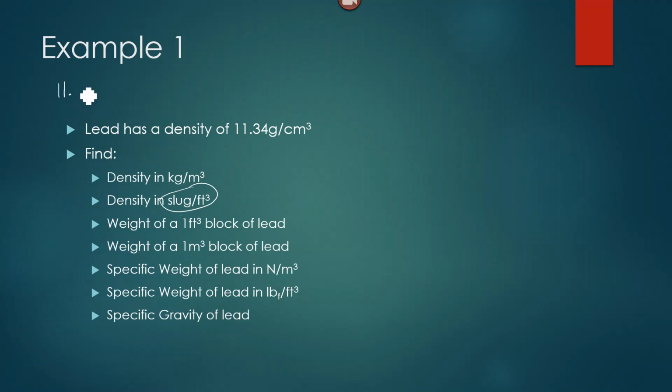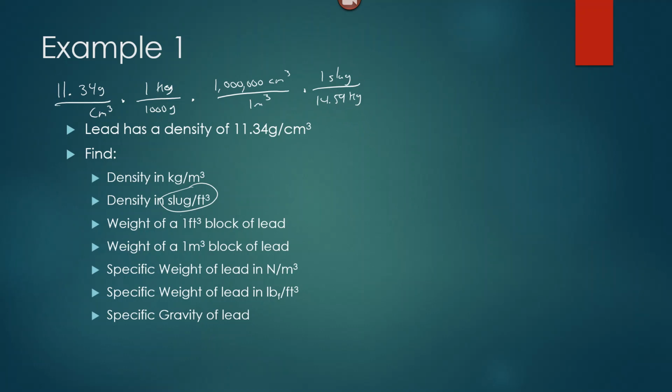11.34 gram per centimeter cubed. We're going to go 1 kilogram equals 1,000 grams. We have 1 million centimeters cubed is 1 meter cubed. 1 slug equals 14.59 kilograms.